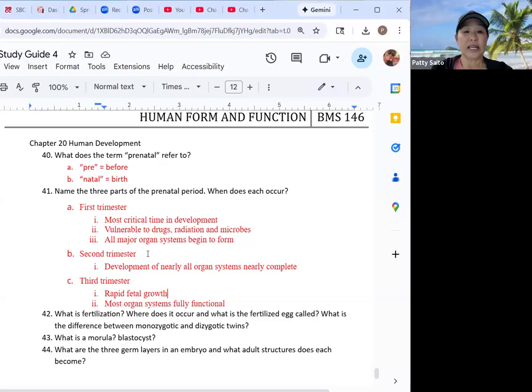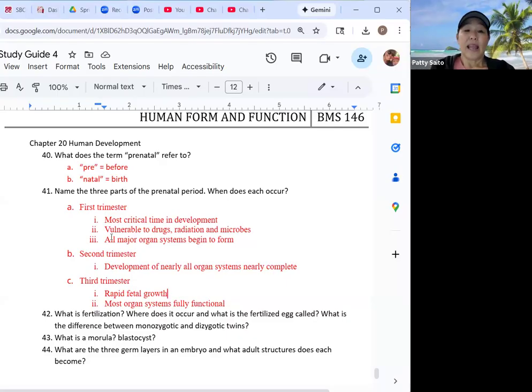Because if we look at the second and third trimesters, a lot of the organs are almost complete, right? So it's this first trimester, the first 3 months. If we were to divide the prenatal period up, it would be three-month periods approximately.